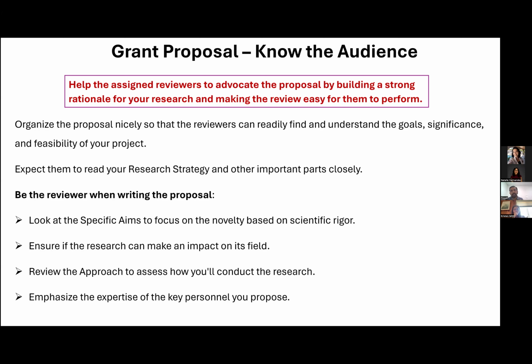So if we intervene like that, it can transform or tremendously benefit the field of this particular research. That is again very, very, very critical when you write your research proposal. And also emphasize that our research can change the field, can create an impact in the field.